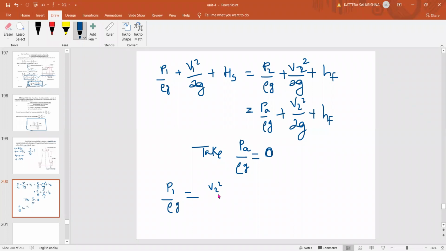V2 squared by 2g plus HF minus V1 squared by 2g minus HS. Okay, so please calculate the value of this.